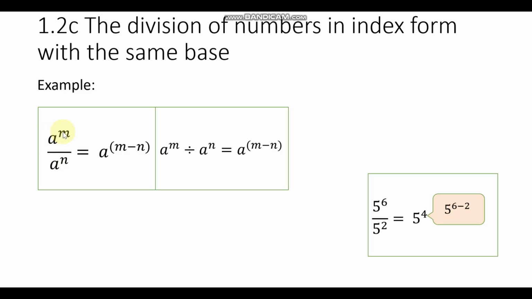So a to the power of m over a to the power of n is equal to a to the power of m minus n. This is because a to the power of m is divided by a to the power of n. These two examples are actually the same, just that the writing form is different.